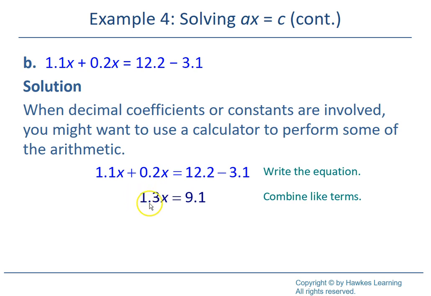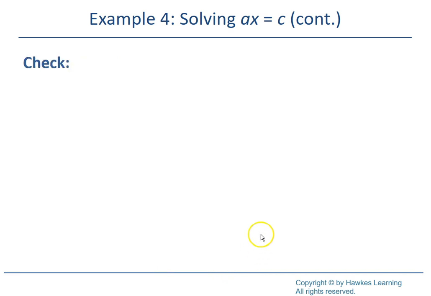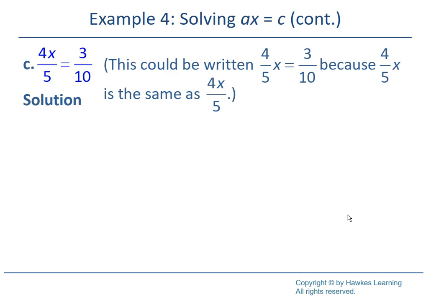Now, what would we have to divide 1.3 by to make it a 1? Think about it for a moment, and the answer is 1.3. So these then cancel out, give us a 1x, and then when we actually do the division here, we get x equals 7.0, and that checks out. And if we do the proof, it is true.